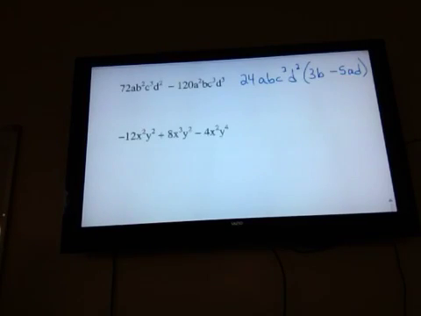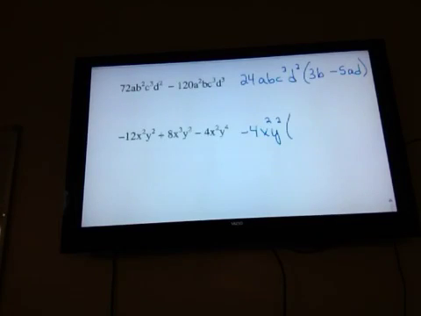So in this particular case, I would take out a common factor of a -4. So 4 is my common factor, and because the leading term is negative, I would take out a negative. And then x squared, x to the third, x squared is x squared. y squared, y squared, y to the fourth, take out y squared.